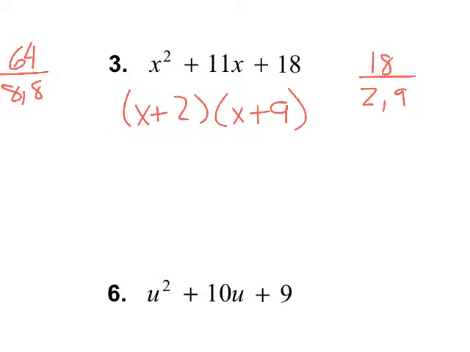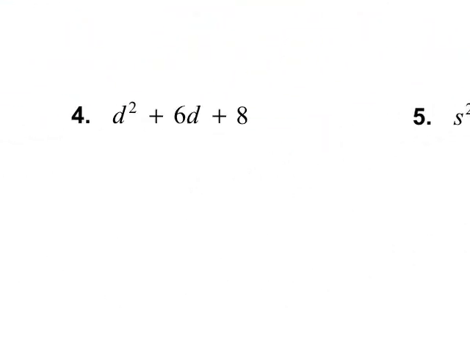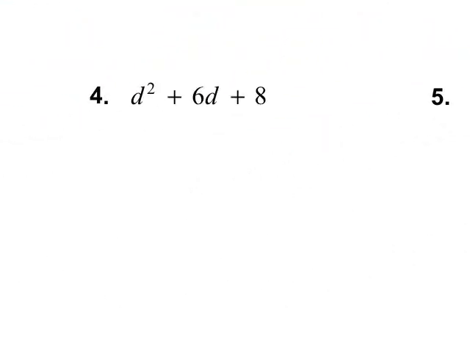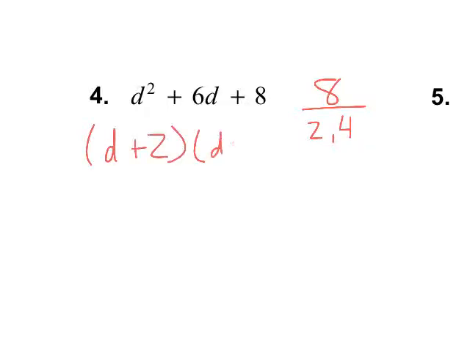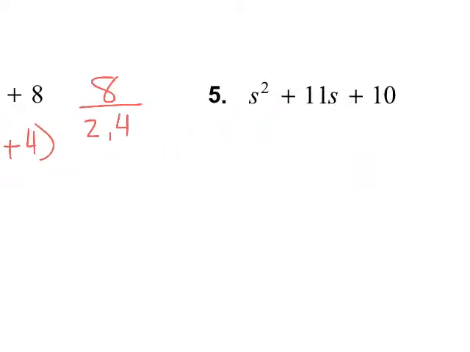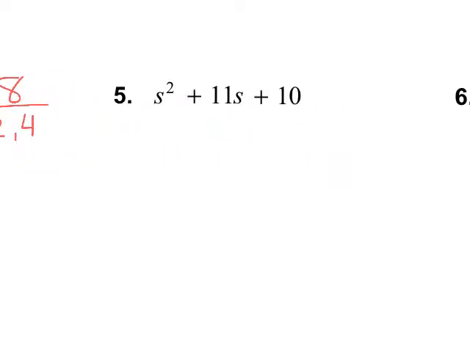Let's go down here to number 4. Factors of 8 that add to 6 would be 2 and 4. So D plus 2, D plus 4. Number 5, factors of 10 that add to 11 would be 1 and 10.